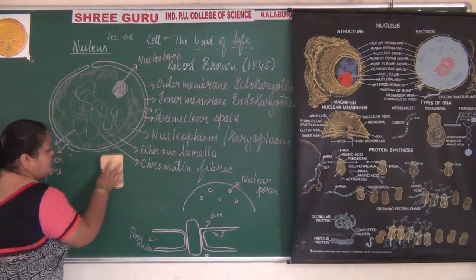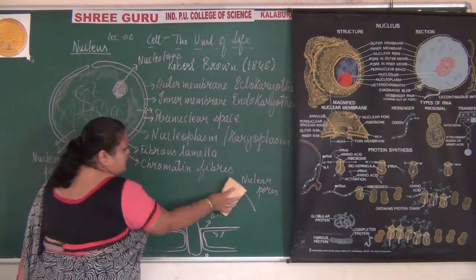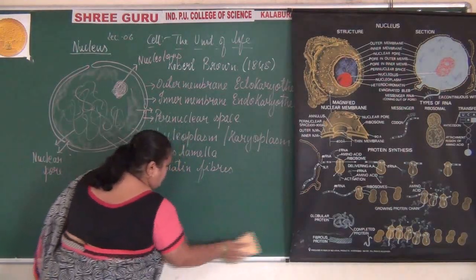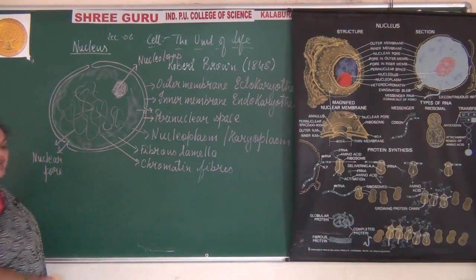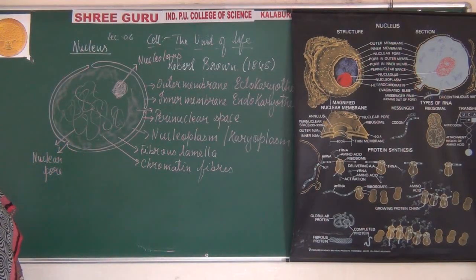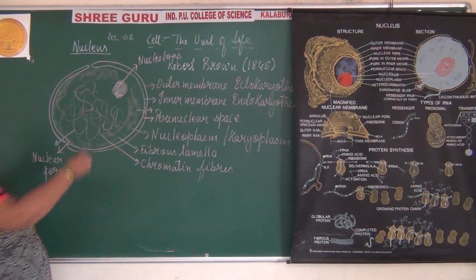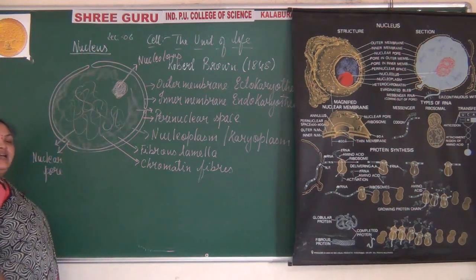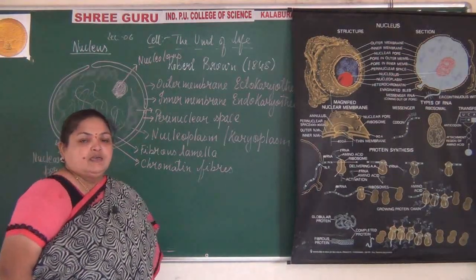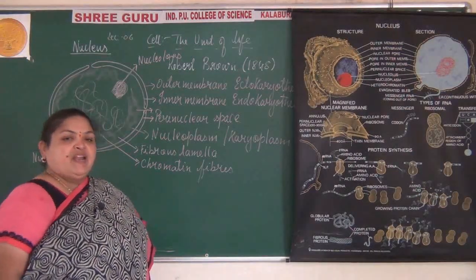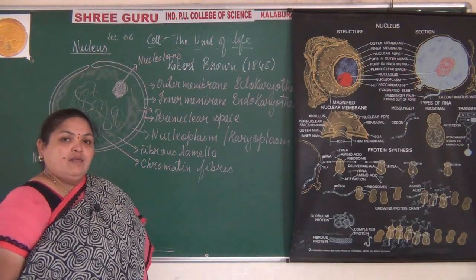The nucleoplasm contains two components, that is the nucleolus and the chromatin network. Nucleolus. This nucleolus is a dark, non-membrane particle, it does not have a membrane.